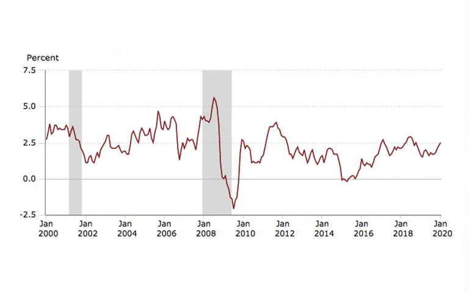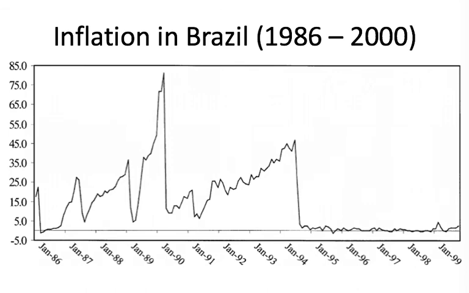The average is probably a little bit below 2%. Anything above 5% or below zero is very uncommon for the US in the last 20 years. But if we're looking at other countries, it's different, and what is considered normal for them is different.